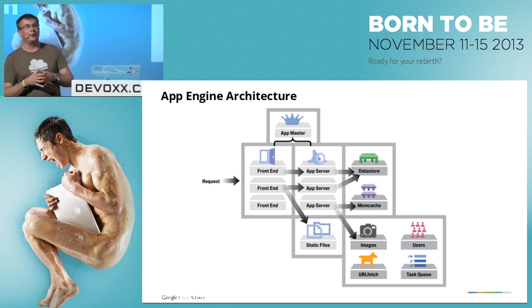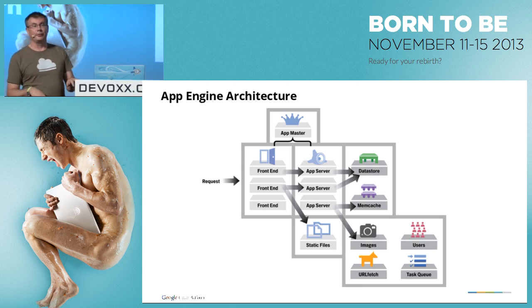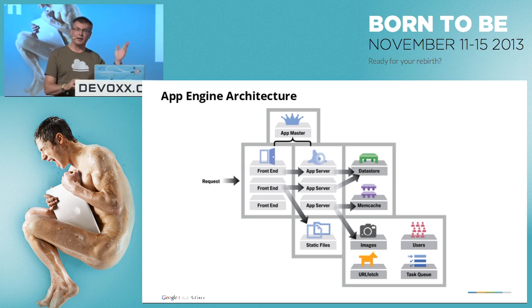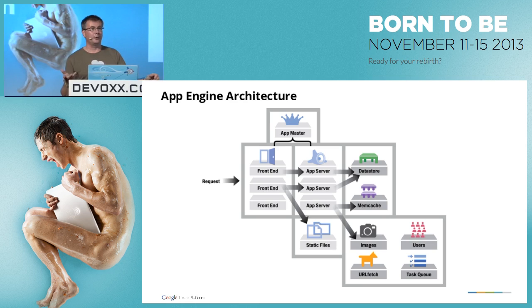If your customers are in China, we have front ends very close to China, in Africa, in Asia, in South America, etc. This is basically the same front end that serves Google.com. Whenever you search something, it's as fast as it can be.